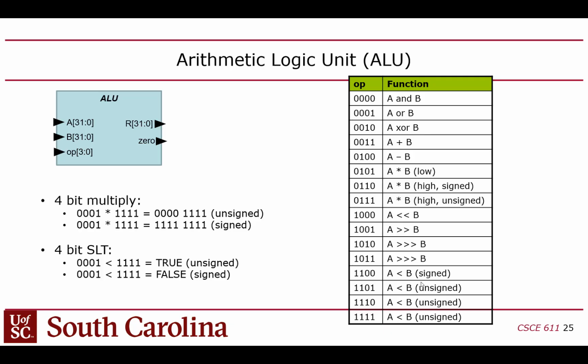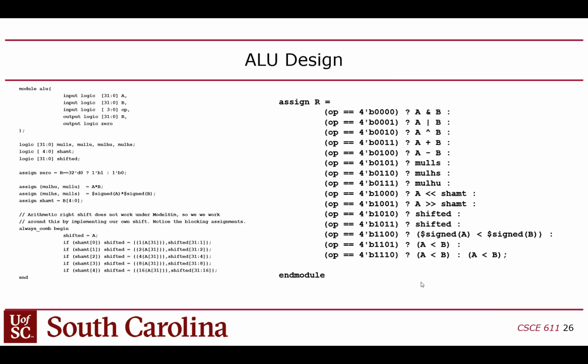Everyone with me? Okay, so this is the code for the ALU. Now this one is actually the code that we give you. So we've got module ALU. There are some intermediate signals here. There's some weirdness here, and this is why we give you the code.